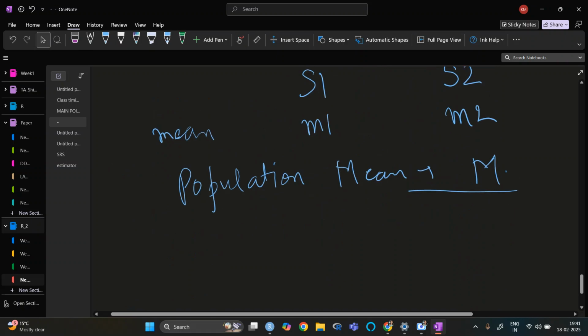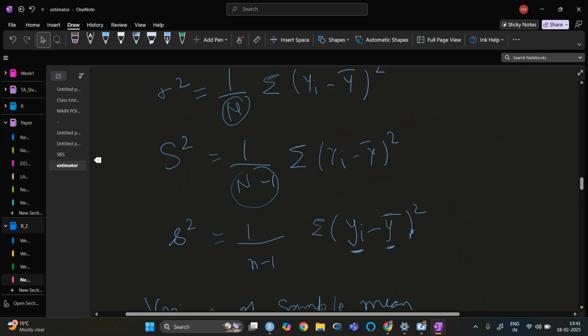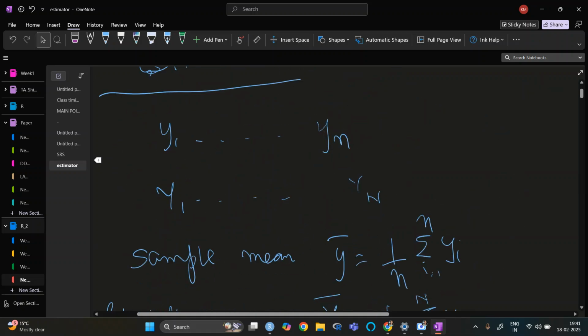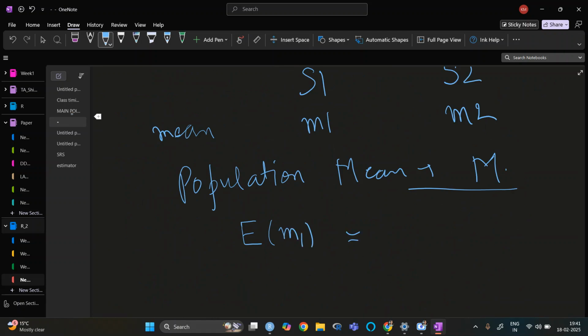From estimator theory, we know that the sample mean is an unbiased estimator of the population mean, which means that E of M1 will equal M. So M1 is an unbiased estimator of capital M. So E of M1 is M. Similarly, E of M2 will also be M.